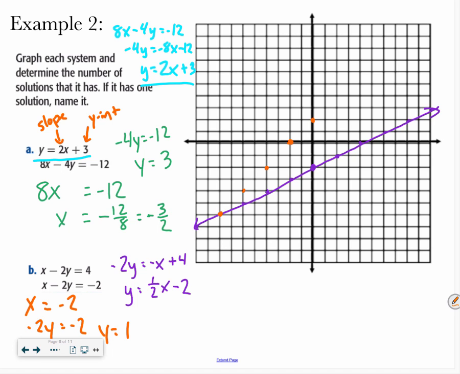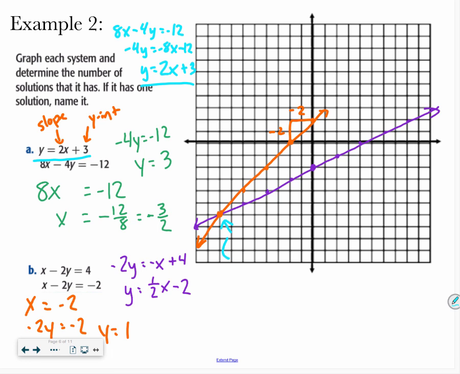If I look at this graph, or you can see this is 2, negative 2 over negative 2, or positive 2 over 2. So then if I connect all of these points, you can see I intersected at one point right there.